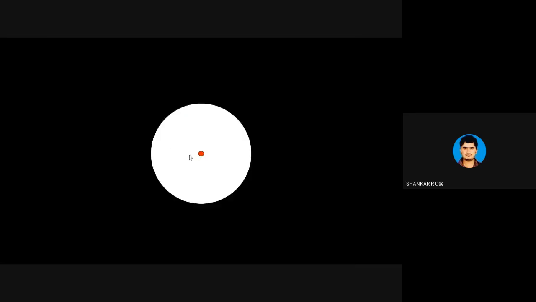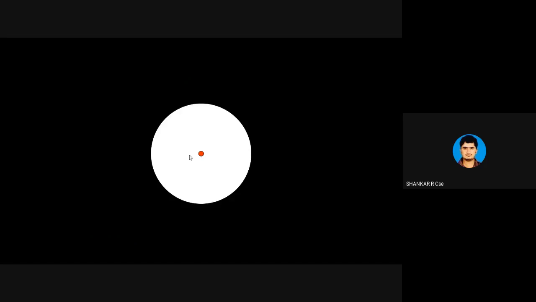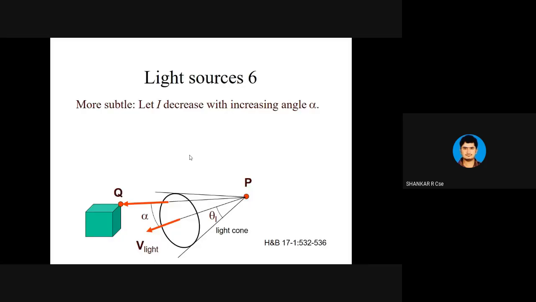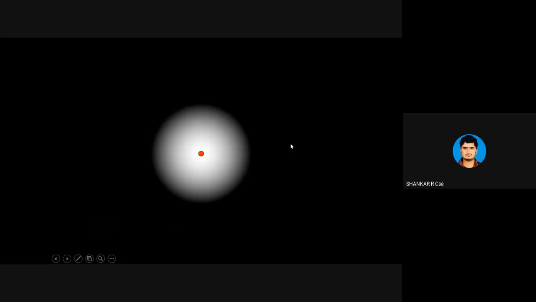For example, if you take care about this, that is, everything is proper, you will get something like this. That is, the light reflects all the way. And if you don't take care well, that is, if the cos of alpha is not greater than cos theta, that is, your n is increasing, you will see the light is not getting spread uniformly.